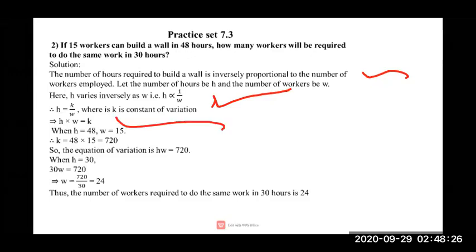Now what is given? Hours is 48 and workers is 15.